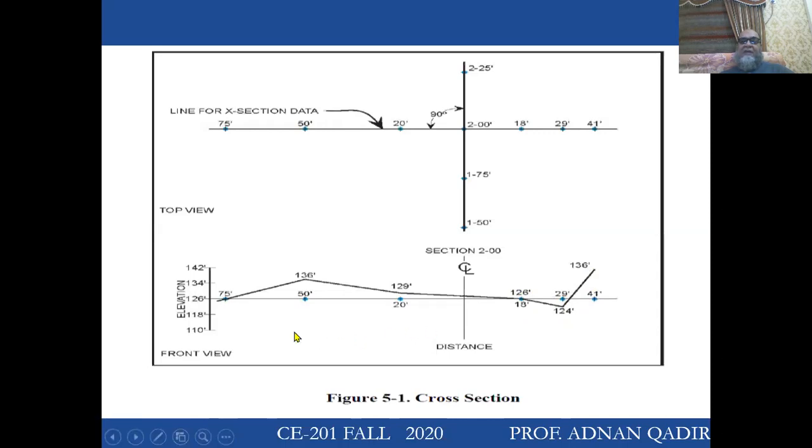Presuming I have this 126 feet as my benchmark, obviously this level is showing height, and this level is showing depression. Similarly, if I take the level on 20 feet from my left, I've got 129 and 136 and 75. At 75 feet, I have got an elevation of 126 feet.